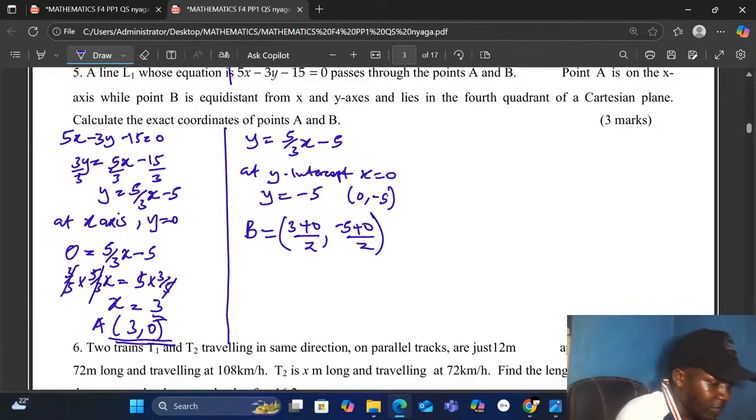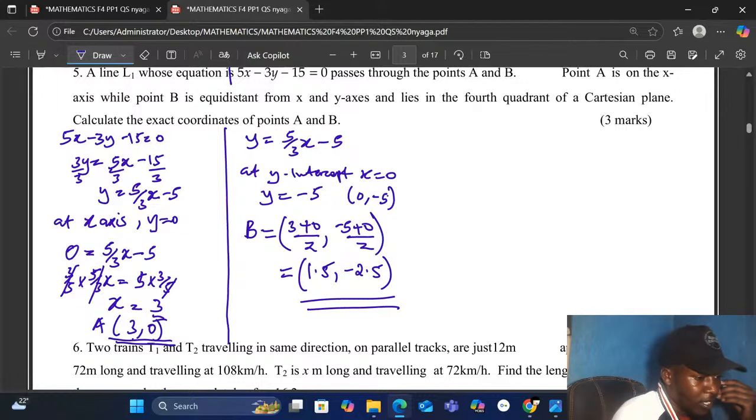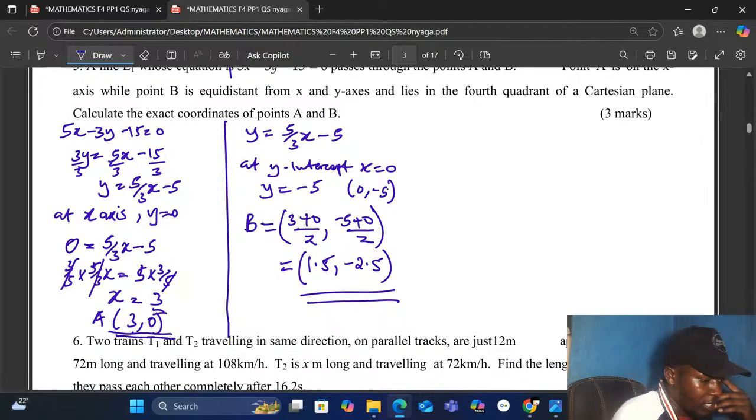That means in the middle of the two. So we shall have the values of B as 1.5 and negative 2.5. And the values of A, we have (3, 0).